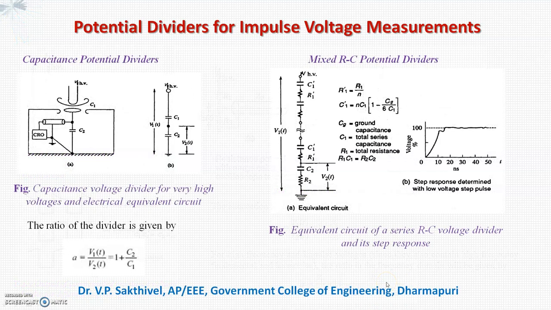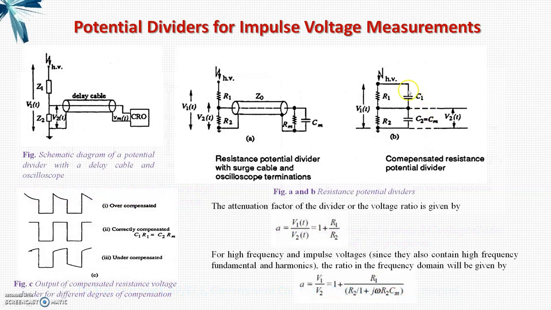Okay. In order to avoid that, we go for a combination. We are using the capacitance C1 in order to avoid that frequency term. So this is for the overcompensated case, that is C1 R1 is greater than C2 R2. Then here is the correctly compensated case, and this one shows the undercompensated case.